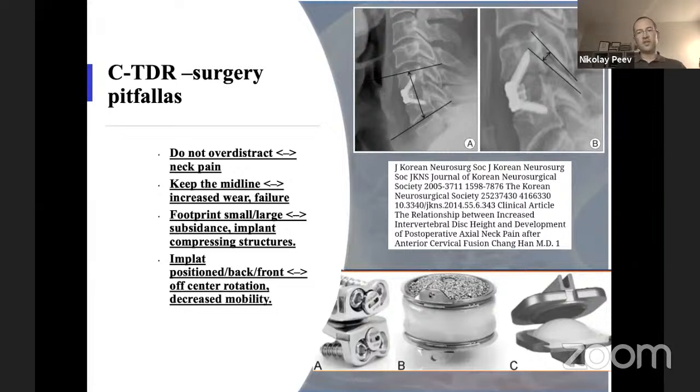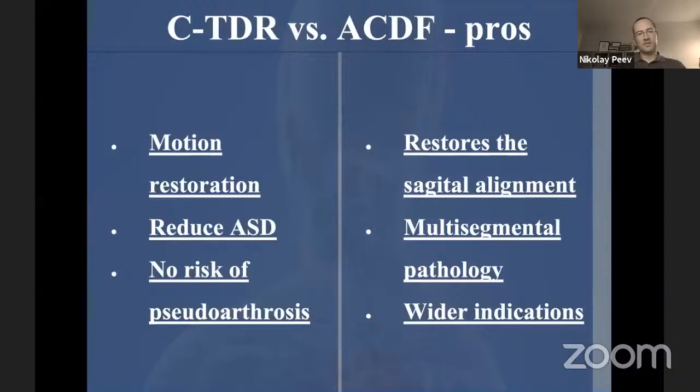With the new generation implants, keeping the midline exactly in the middle of your cage, if you slightly rotate your cage, that will not be as big a problem as with these old first generation devices. I will show you a cage like that later on.